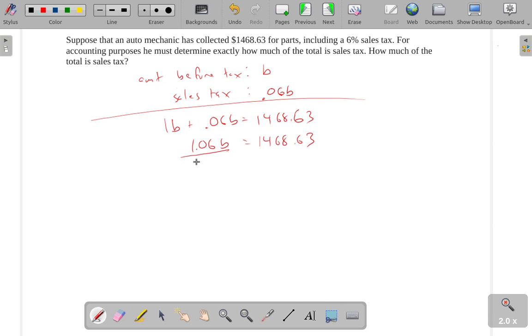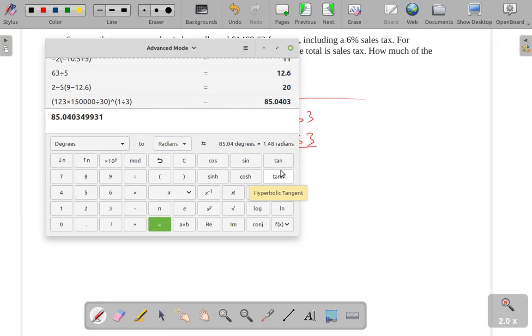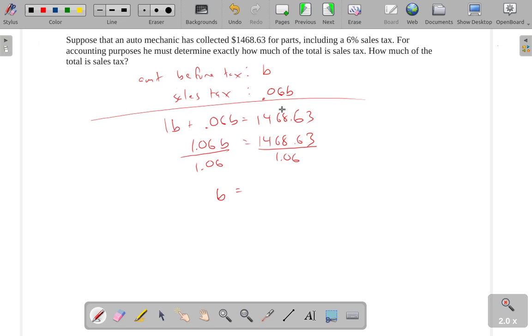To solve this, I'd want to divide both sides by 1.06, giving me b equals 1468.63 divided by 1.06, which gives me 1385.5. So b, we found here, is 1385.5.